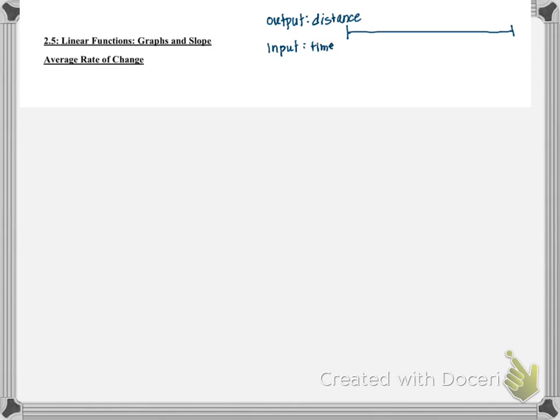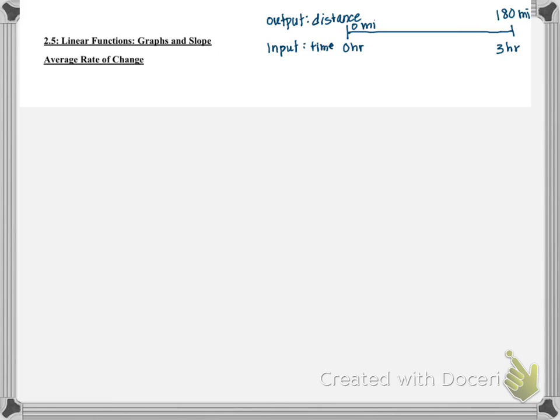So we're not going to make a formal function out of it, but just so we can think of it in terms of input and output. So after 0 hours, you've driven 0 miles. And let's say after 3 hours, you've driven 180 miles.